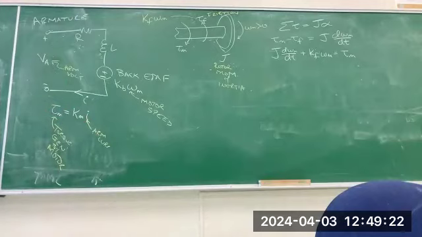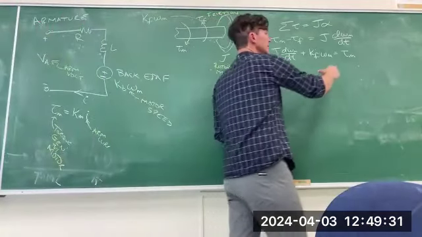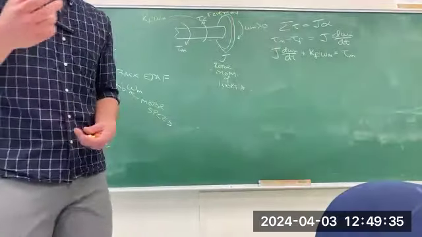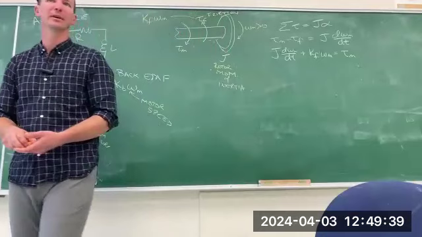As shouldn't surprise you, at the end of Newton's second law application, we've got a differential equation. In this case, we can consider tau m to be the forcing function, and omega m to be the output variable.